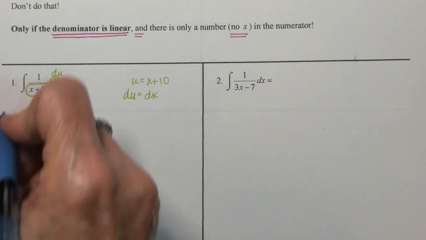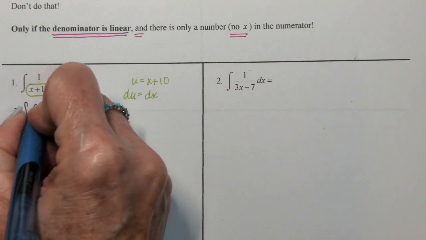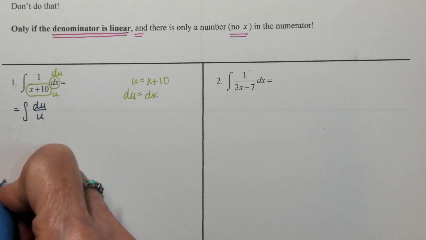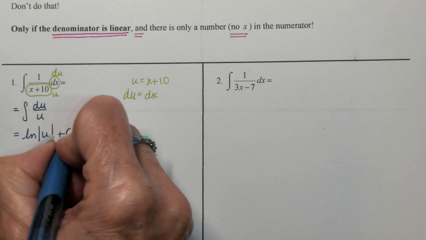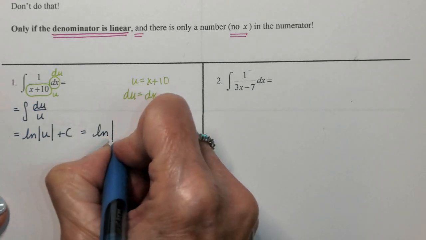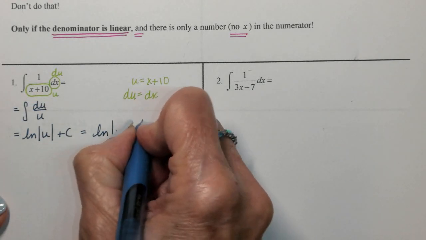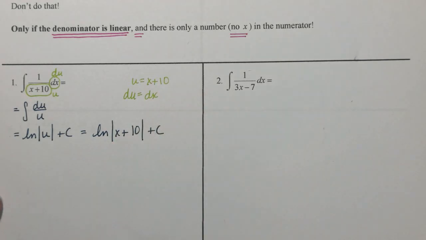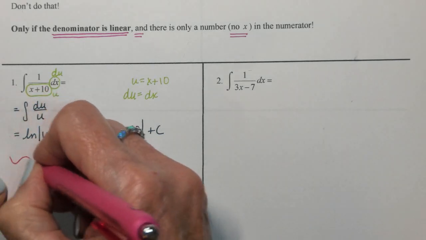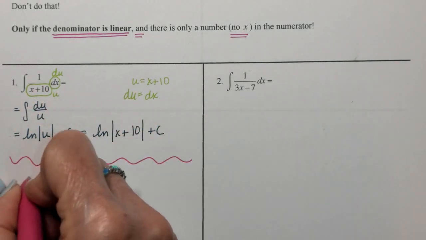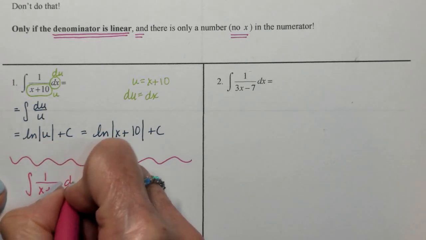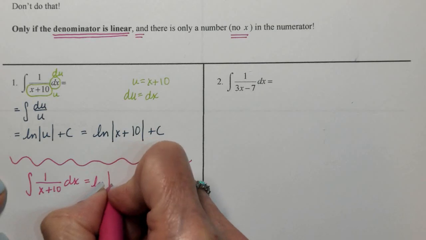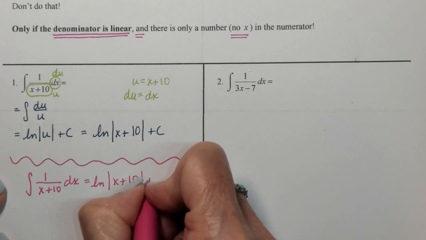And we get the integral of du over u, which is ln absolute value u plus c. Go back to your x's, ln absolute value x plus 10 plus c. So I'm going to keep track of a summary here. The integral of 1 over x plus 10 is ln absolute value x plus 10 plus c.